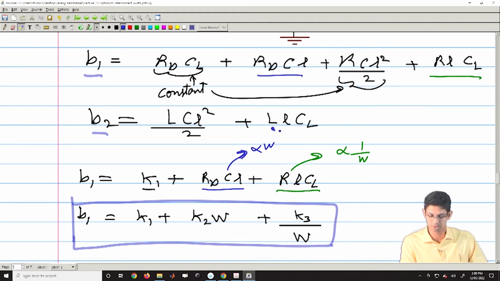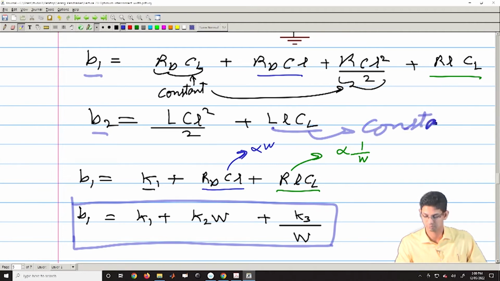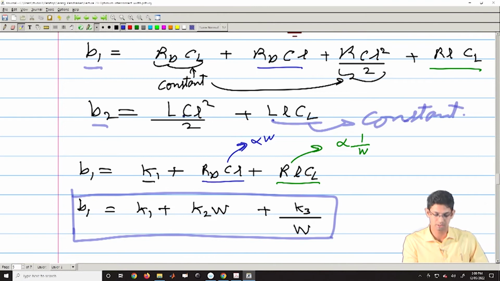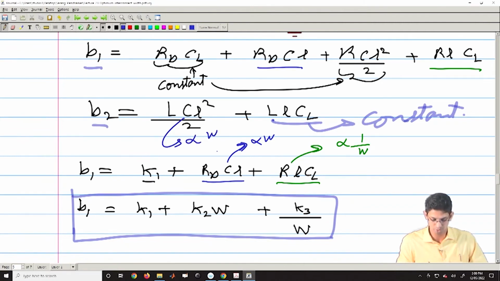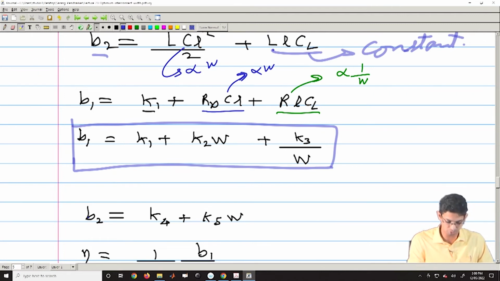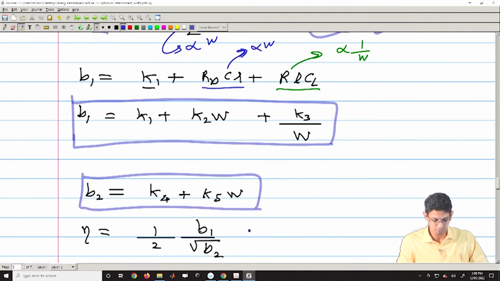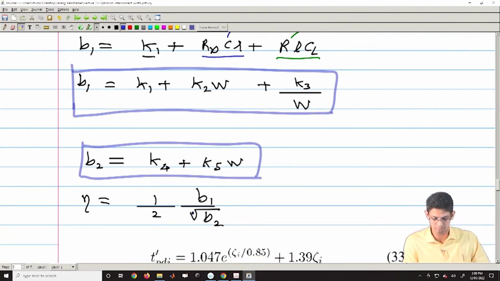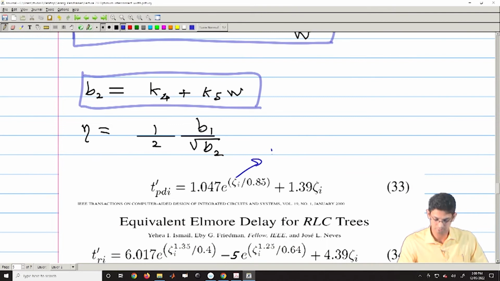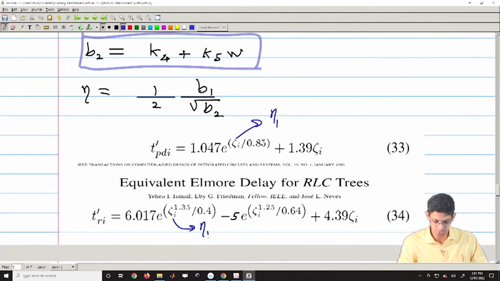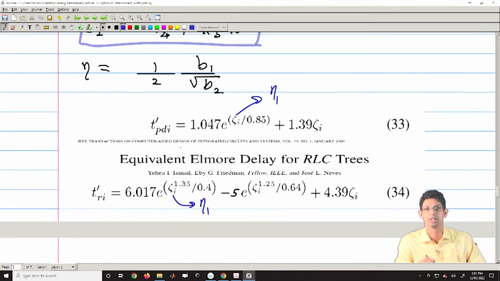So, L is constant, whereas C would depend on your width, so this is proportional to W. If I then write an expression for B2, and then your eta will be half of B1 divided by root over B2, and from eta you can get the rise time, delay, and the transition times, whatever times you are interested in.